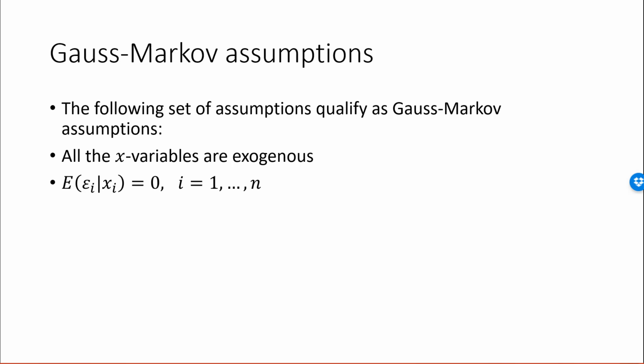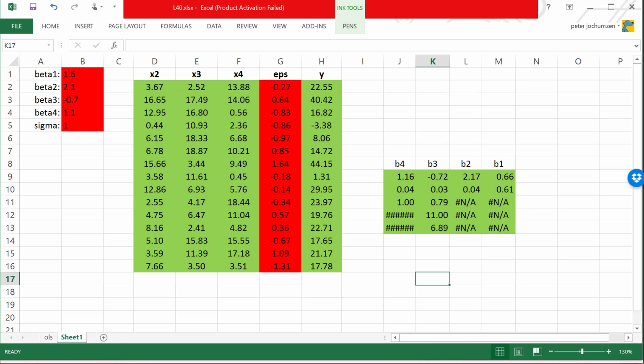Remember, that means that the expected value of the error term is 0 no matter what the x variables are. And xi here is just shorthand for all the explanatory variables for observation i. In my simulation study, it's satisfied. We can see that all these error terms do have an expected value of 0.